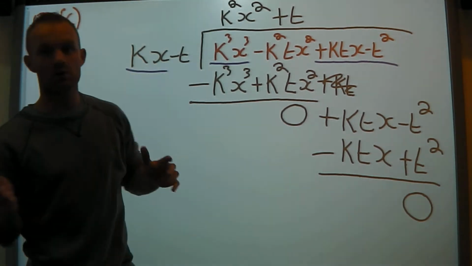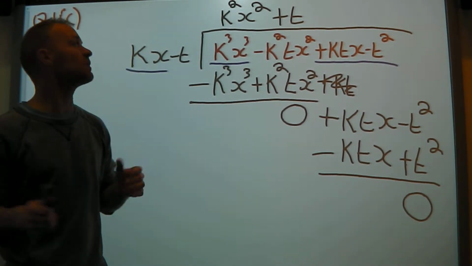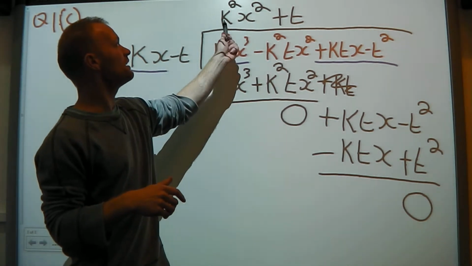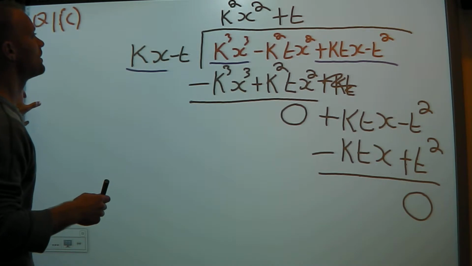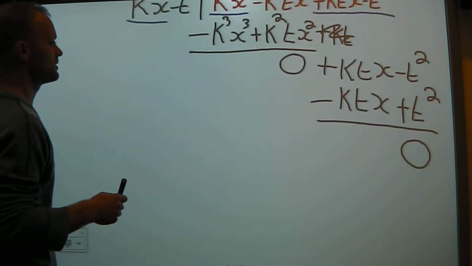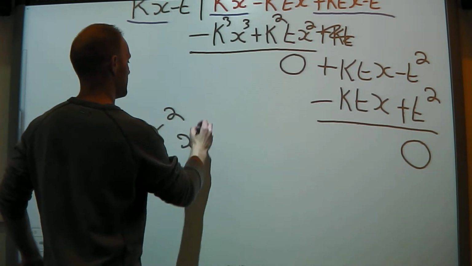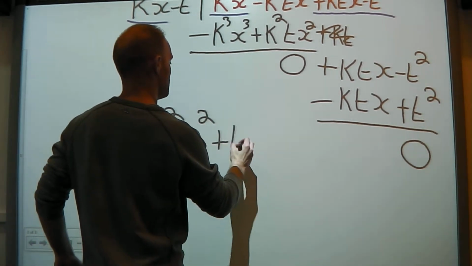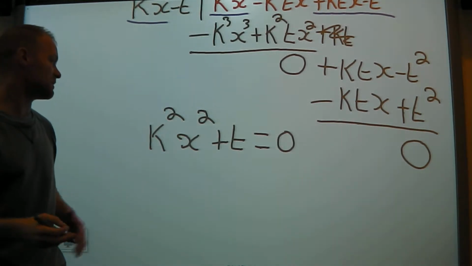So when this is a root, kx minus t is equal to 0 because it's a root. So similarly, k squared x squared plus t is equal to 0. By definition, if it's a root, it's equal to 0.